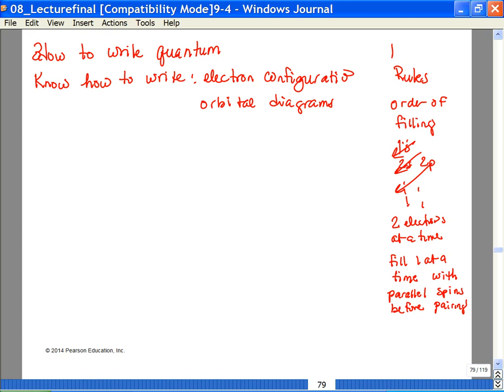Okay, so all of that is basic information for electron configuration and for orbital diagrams.